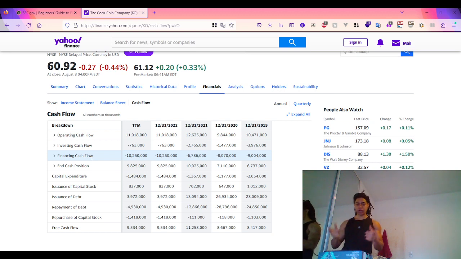Examples of this are issuing equity, so when a company goes public, it does that. Issuing debt, perhaps the company wants to issue some financial debt instruments such as debentures, notes payable, or bonds.